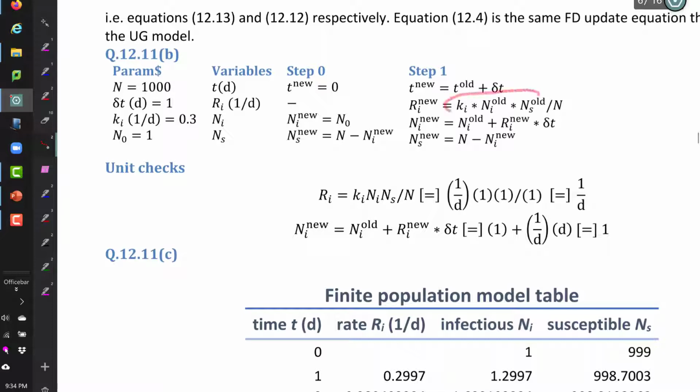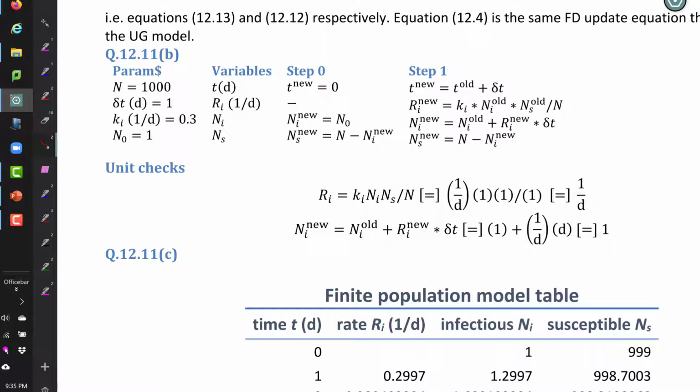The main difference is that the infection rate now has the number susceptible and is divided by N. And then the last thing that's also new, it's actually the same as this, right? If you notice, these two formulas are the same. It says that the number susceptible in step 1 is equal to the total number in the population, which is 1,000, minus the new number, right, this guy that we just calculated, the new number infectious.